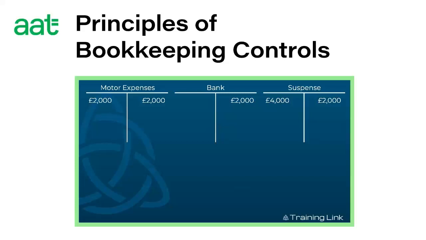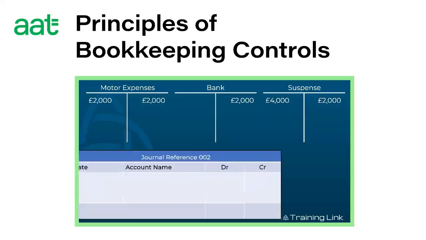So what we've ended up with is a 0 balance on our motor expenses, 2,000 credit in our bank, and still 2,000 within our suspense account on the debit side. Because if we balance off the debits and credits, that would still give us £2,000 on the debit side of the account. So that is step 1.